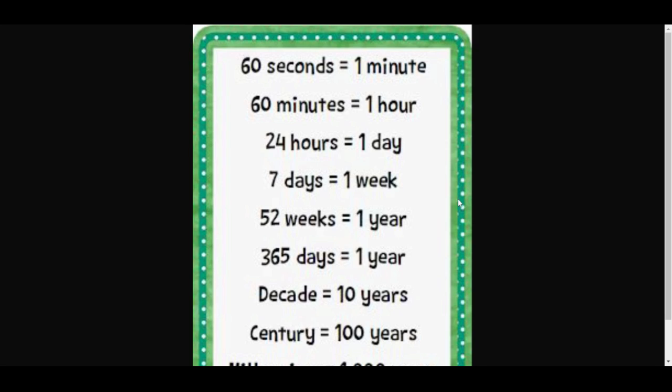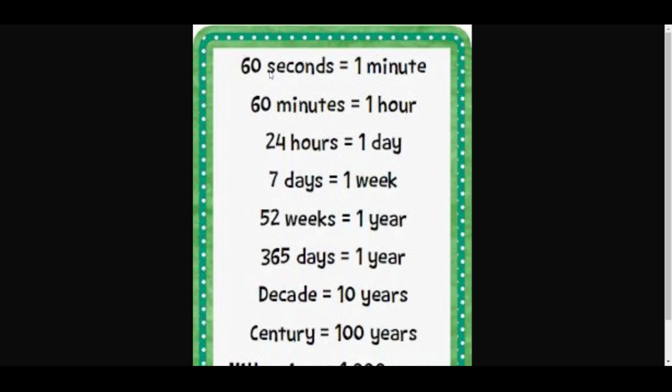I am going to start from the second. There are a lot of smaller units, but in general terms, whenever we are measuring time, we always start from the second. Hour, minute, and second. So 60 seconds is equal to 1 minute.